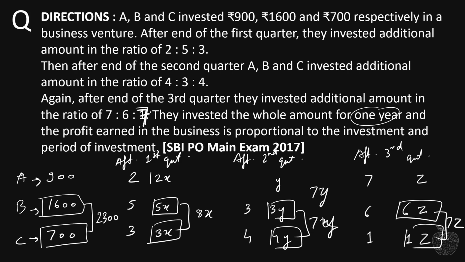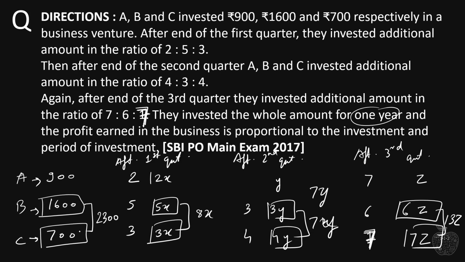It is 7:6:7 is the ratio here, so this will be 7z. So the total that we get here is 1600 plus 700 will give me 2300, 5x plus 3x will be 8x, 3y plus 4y will be 7y, and 6z plus 7z will be 13z. All right, so this much is clear.